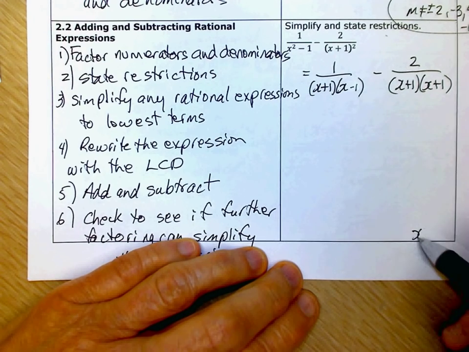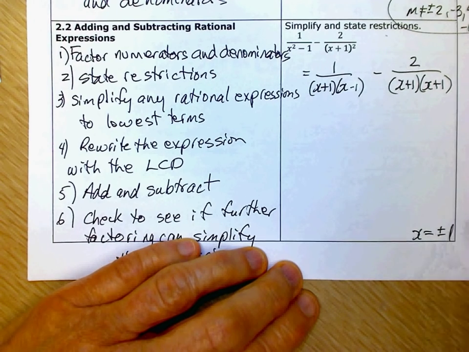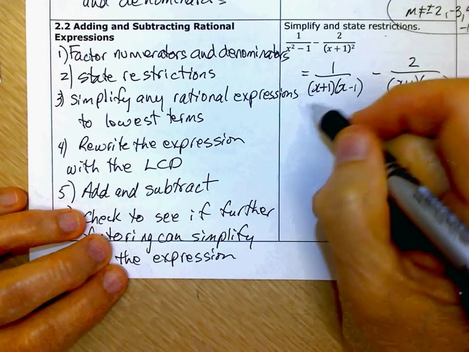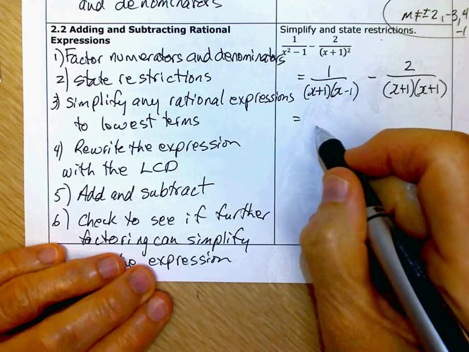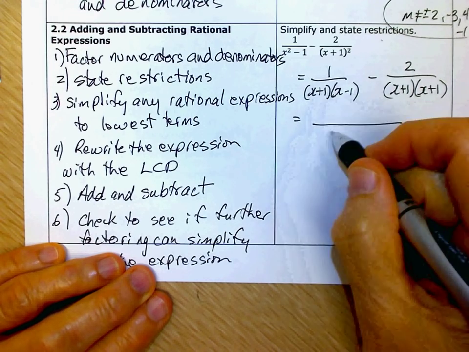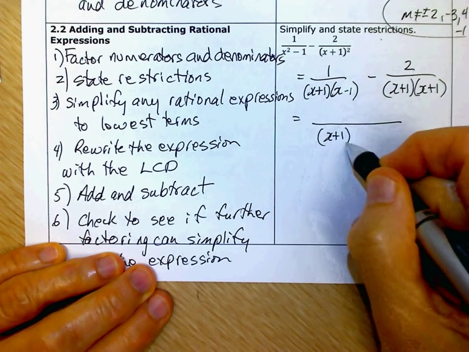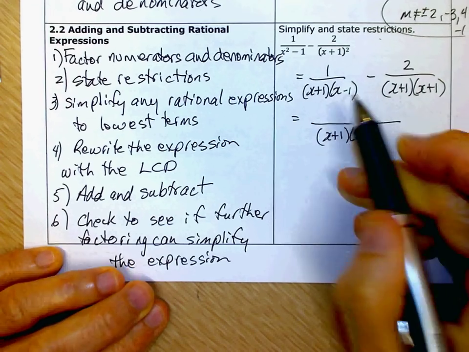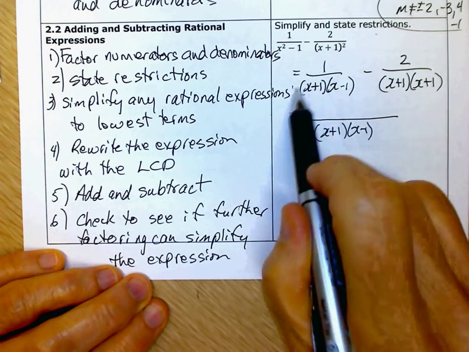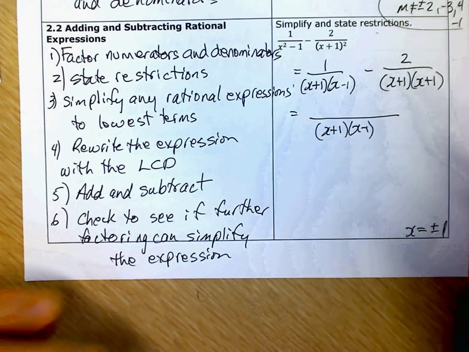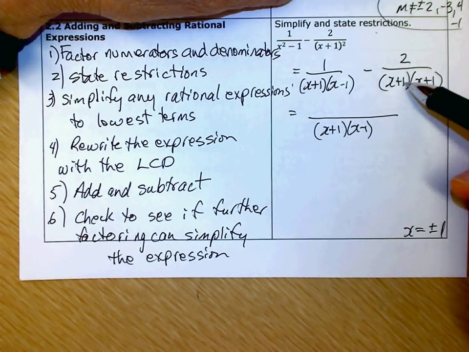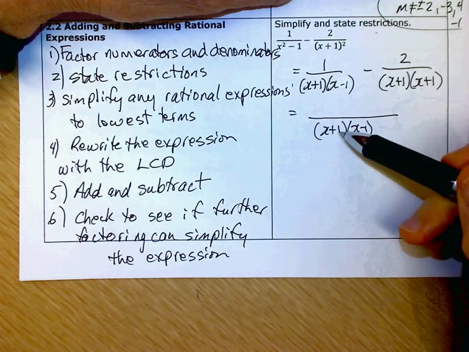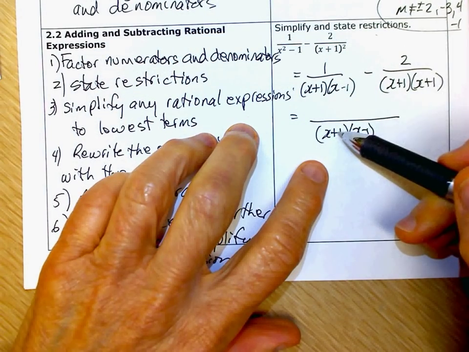Okay, so what's our lowest common denominator? Well, we'll write down x plus 1, x minus 1. So we've got what we need in our denominator for the first term. Notice that we have 2 x plus 1 terms here, so we're going to have to add an x plus 1 to this denominator to make sure that this term is covered.